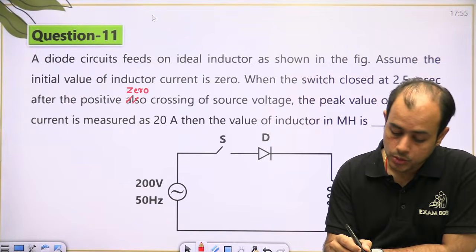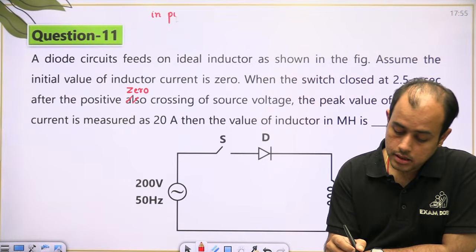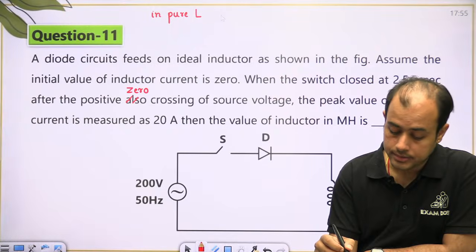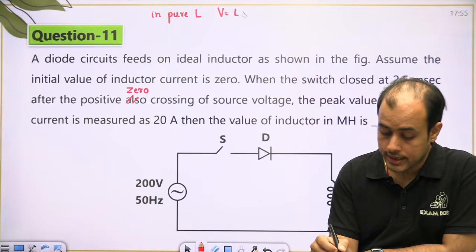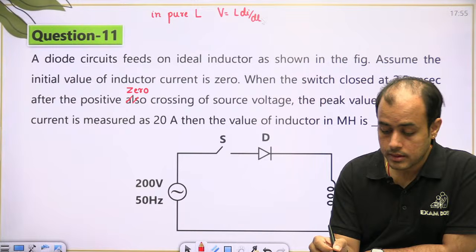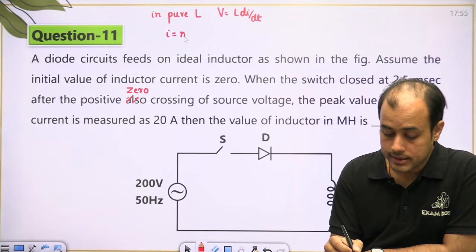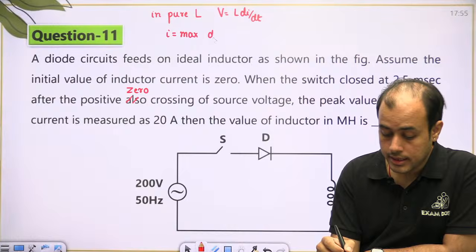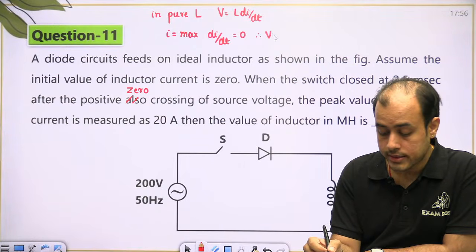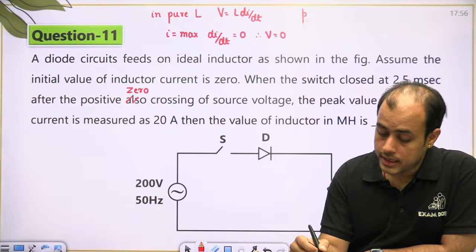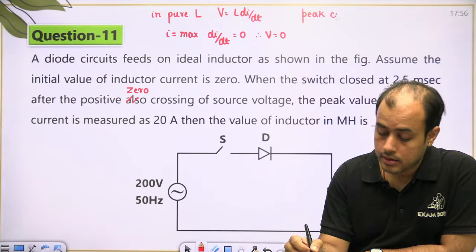Now let me tell you, in pure inductor, voltage is L di by dt. So when current is maximum, di by dt is 0. Therefore voltage is 0.